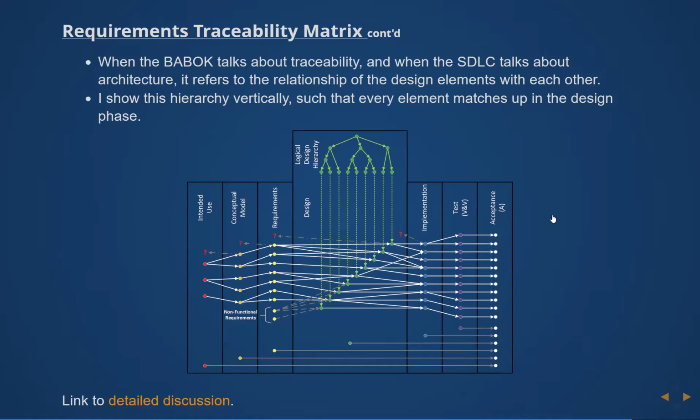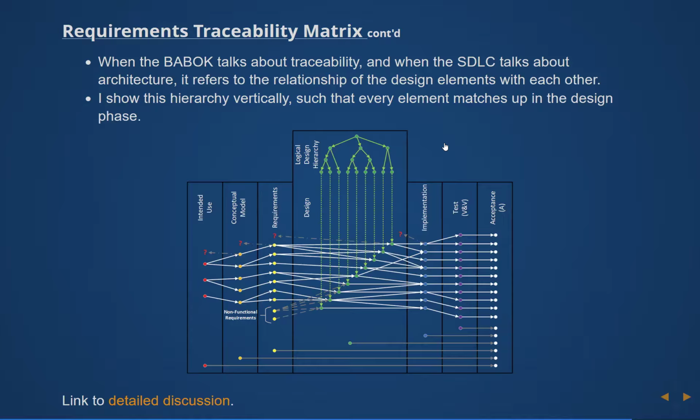So I showed that vertically in green here. Up near the top, imagine an airplane: you've got one airplane, then you've got wings, engine, fuselage, tail, some components also, whatever it's carrying.